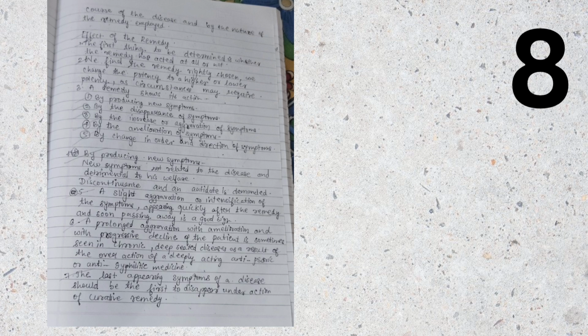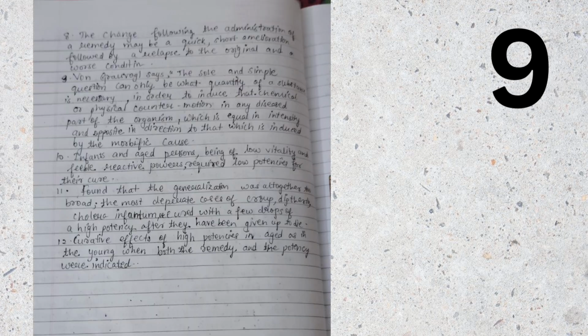The last appearing symptom of a disease should be the first to disappear under the action of a curative remedy. The change following the administration of a remedy may be a quick, short amelioration followed by a relapse to the original and worse condition.